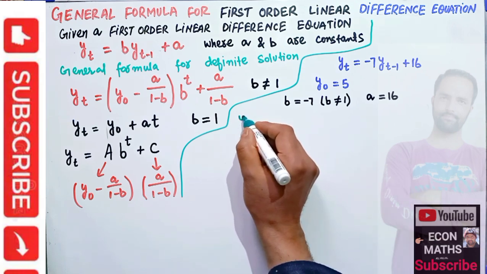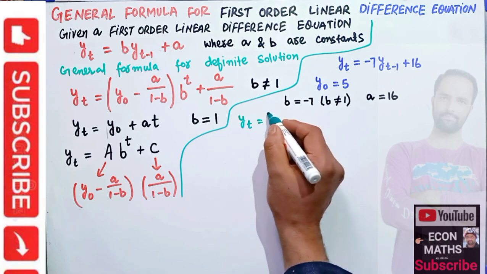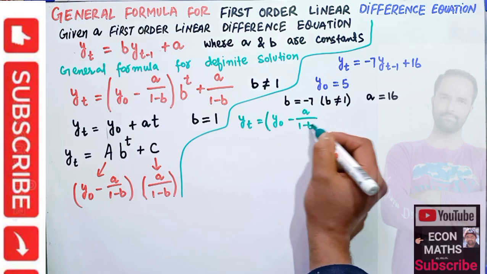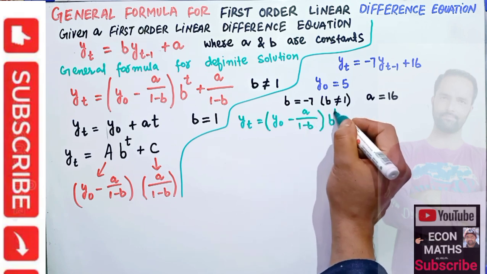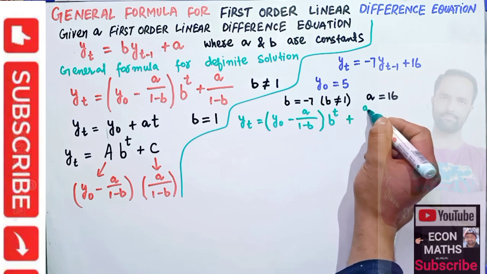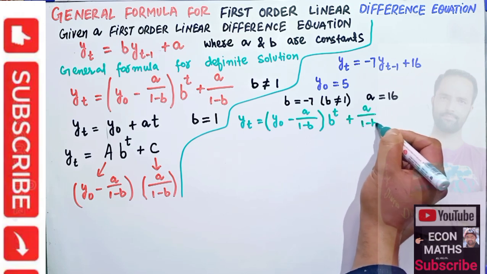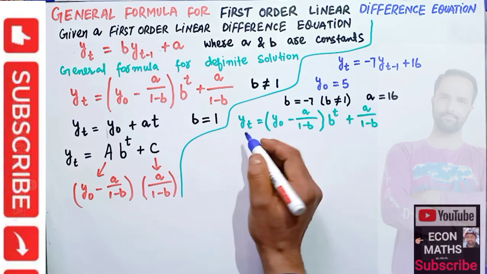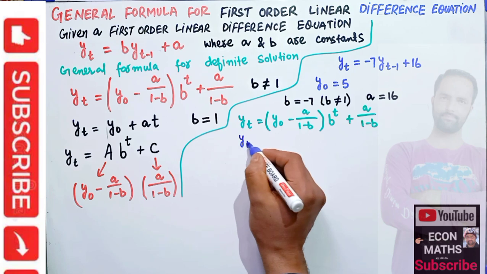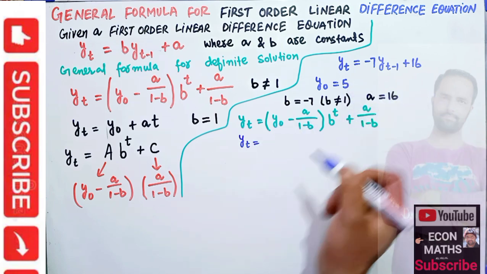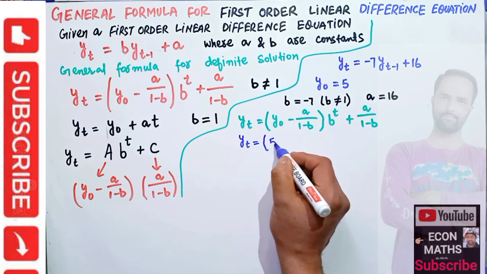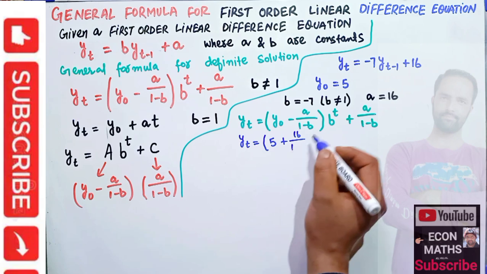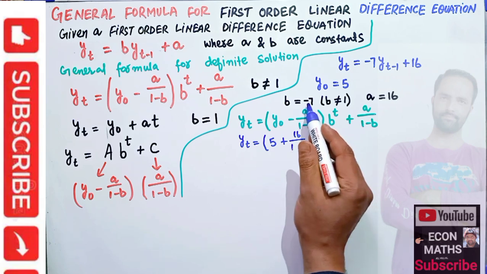Let's use this formula, that is y_t is equal to (y_0 minus a upon 1 minus b) times b raised to the power t plus a upon 1 minus b. So y_t will be equal to, with the initial condition y_0 given as 5, 5 plus 16 upon 1 minus minus 7.